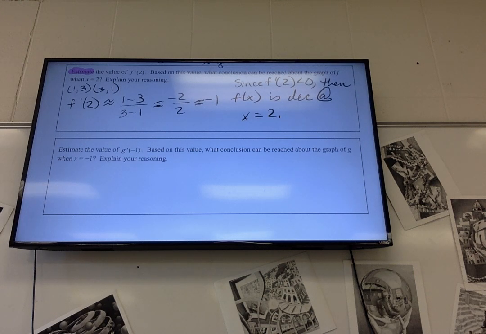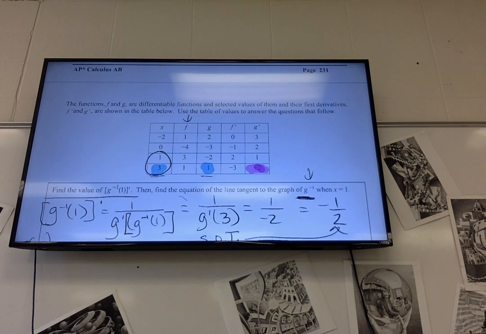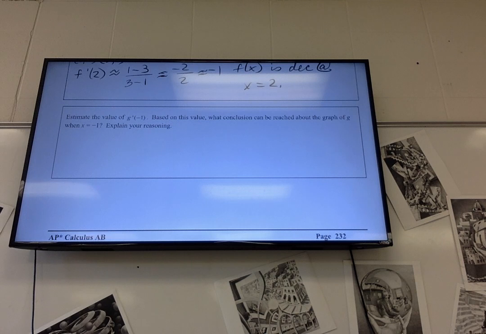Negative 1 is directly between two numbers given on the x. I'm trying to figure out which order this is in. It doesn't matter. Right, on the x? Okay. I was looking at g, and I was like, this doesn't work.